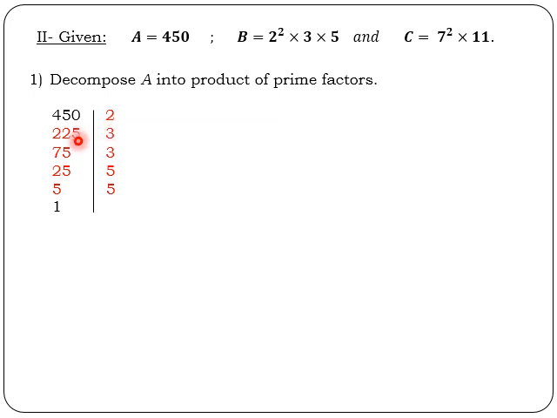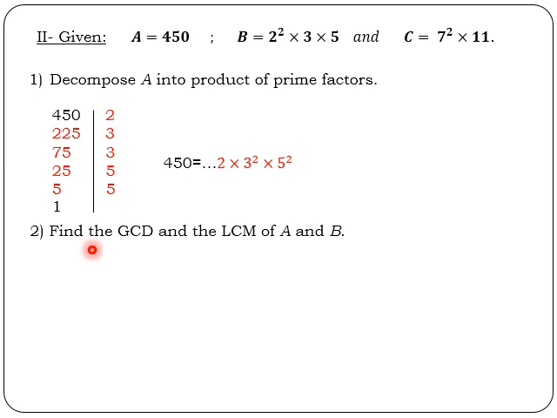The answer is 225. 225 divided by 3 is 75. 75 divided by 3 is 25. 25 divided by 5 is 5, and 5 divided by 5 is 1. So how to write it as a product of prime factors? It's 2 times 3 squared times 5 squared. That's it.